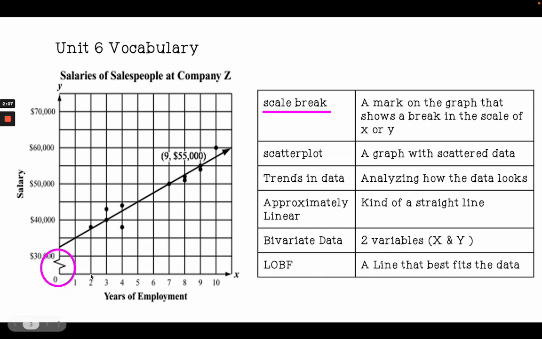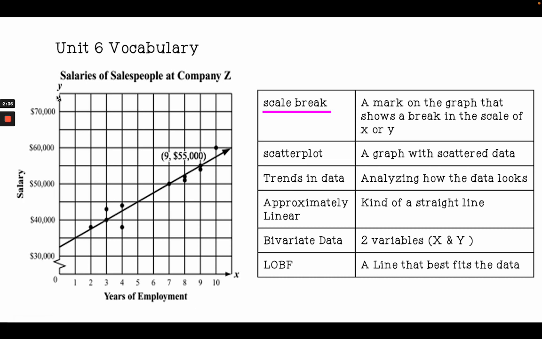As we look at the X-axis, we can see that it starts at 0, goes to 1, 2, 3, 4, 5, 6, and so forth. So we're increasing by an increment of 1, or by a scale of 1. So the X-axis is on a scale of 1, and there is no break in the scale. It increases by 1 every single time.